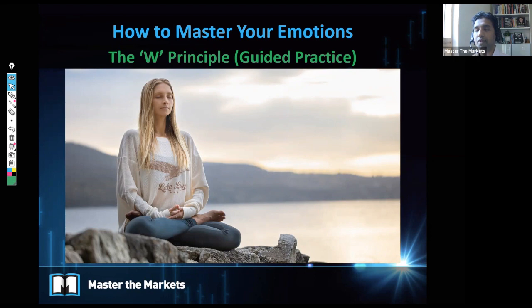Keep focusing on your incoming and outgoing breath. Just ensure to keep your spine erect throughout the entire guided meditation.